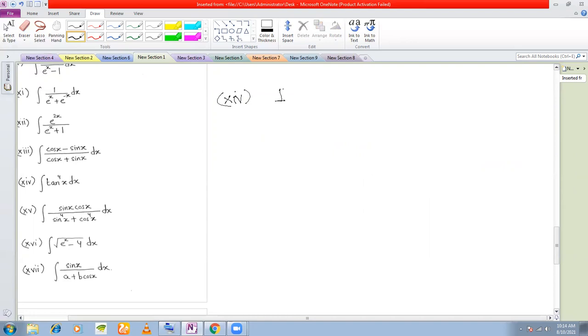Question is integral tan to the power of 4 x dx. In order to evaluate this integral, because it is tan to the power of 4, we break it up as tan square x into tan square x dx.